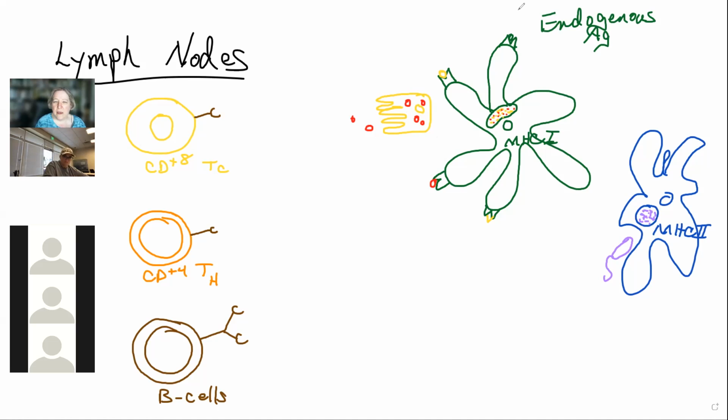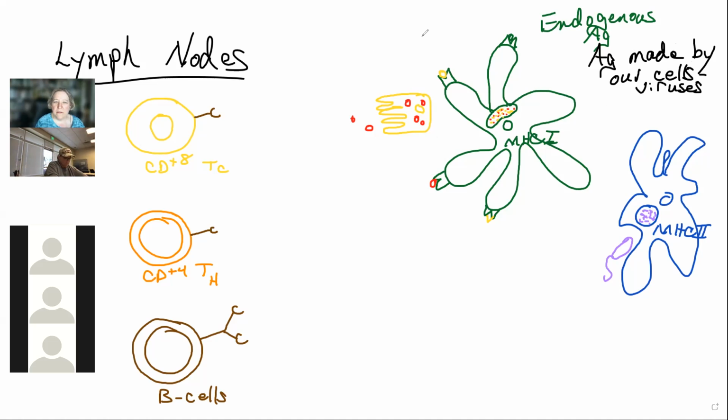Endogenous includes proteins that are made by our cells, antigens made by our cells, and that includes viruses, just because of how viruses are made.